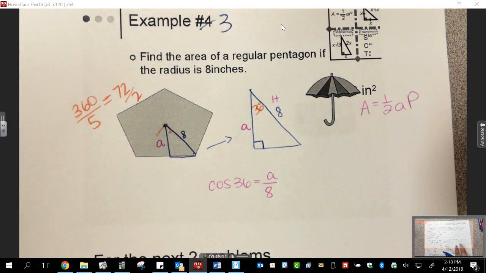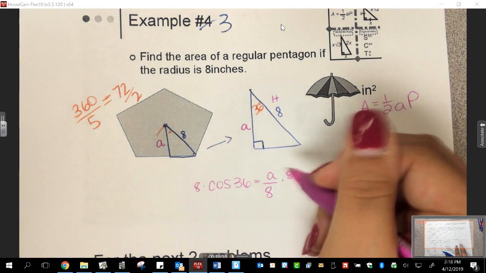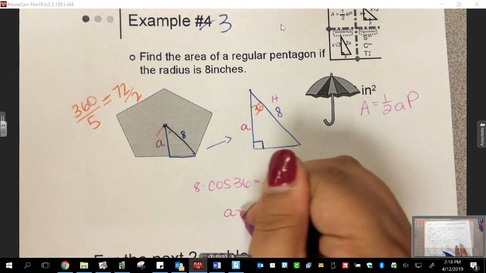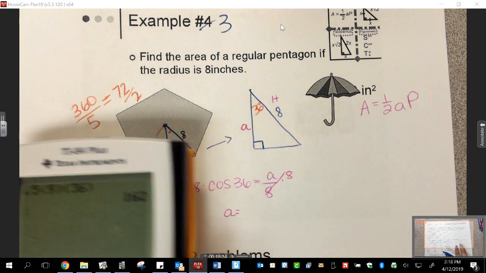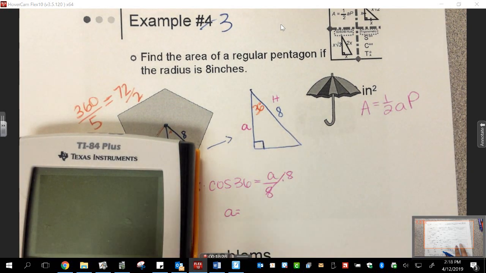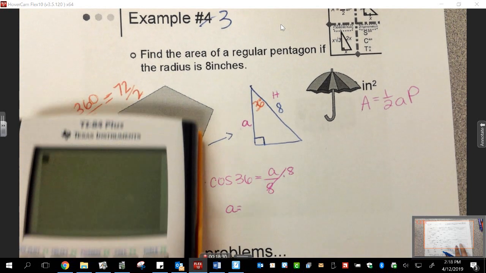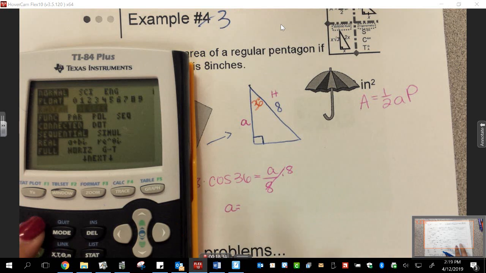How do I get the apothem? You multiply cos 36 by 8. I'm going to tell you right now, everything you do from here on out needs to stay in your calculator. So although I'm rounding on my paper, I'm doing everything from the calculator. Can y'all see this calculator fine? Okay. Make sure you're in degrees.